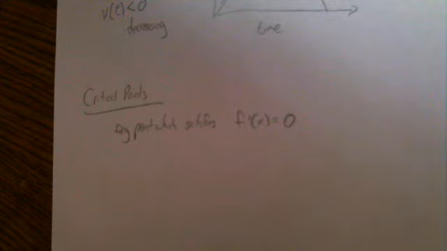A critical point is any point which satisfies f prime of x equals 0. And that just means the derivative is 0. So I'll be more specific, not just f prime of x, I'm sorry, f prime of c. Then c is a critical point.